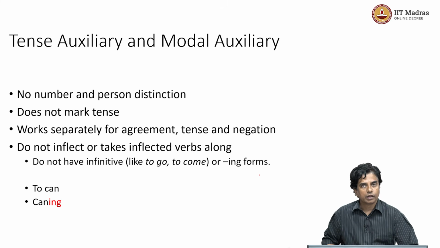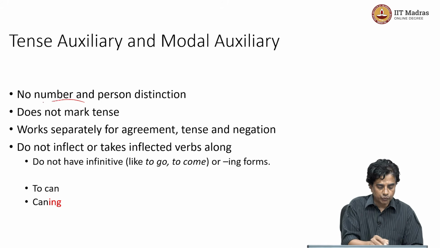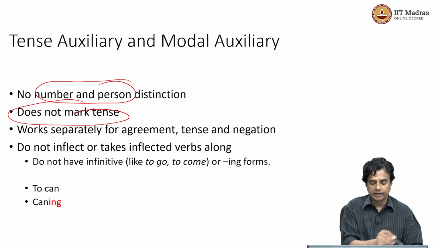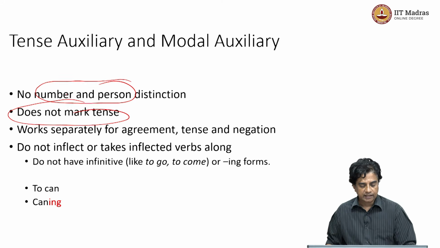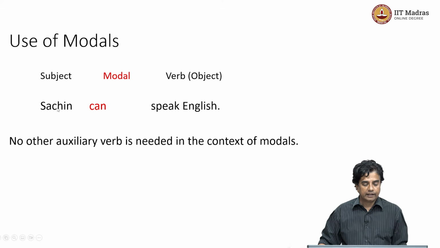So, one more time, modal auxiliaries do not have any inflection on them. They don't mark tense. They do not have any number and person distinction. And they have specific function. So, when you look at them, this is how the sentence works.